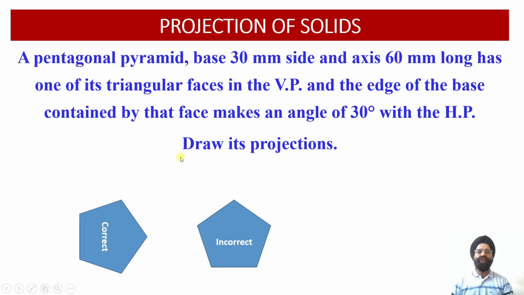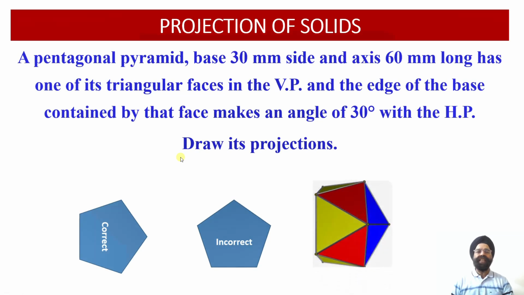So let us first of all evaluate the orientation of this pentagonal pyramid with respect to the vertical plane, such that both of the conditions laid out in the problem will be fully satisfied. The first condition is that one of its triangular faces is contained by the vertical plane.